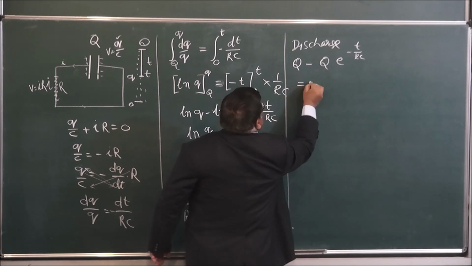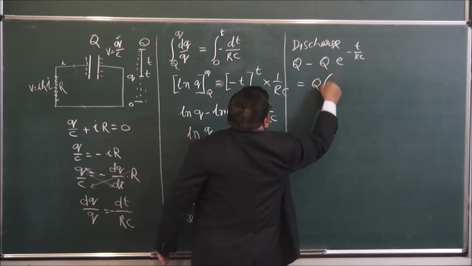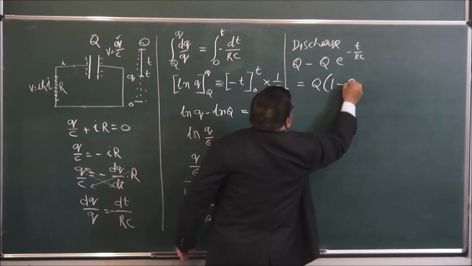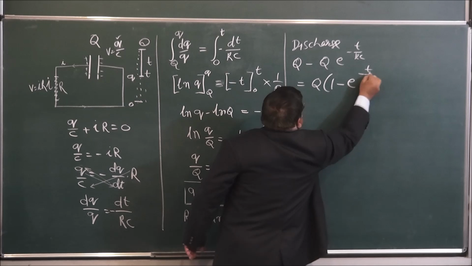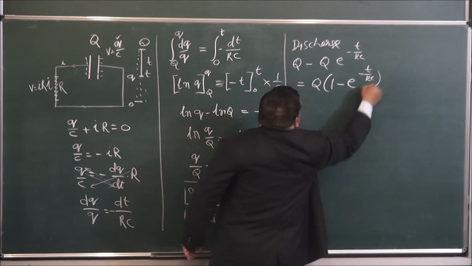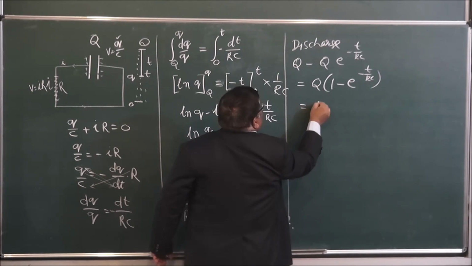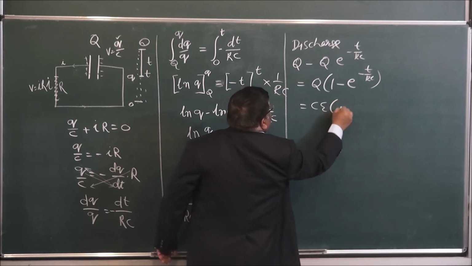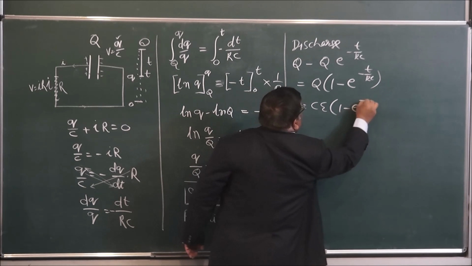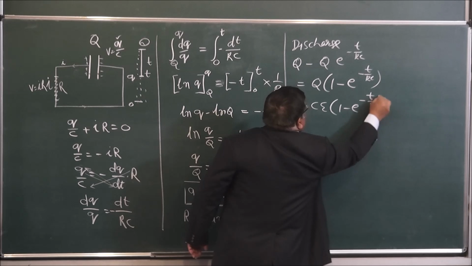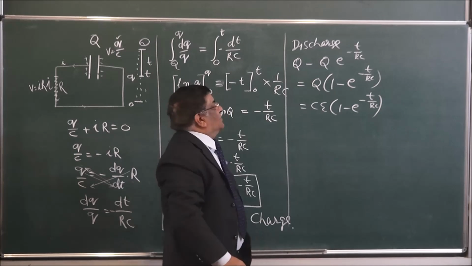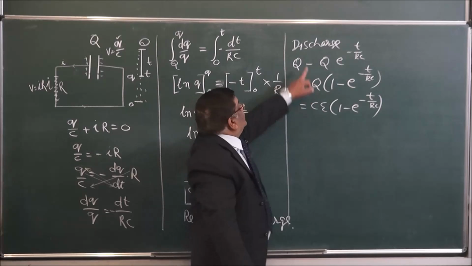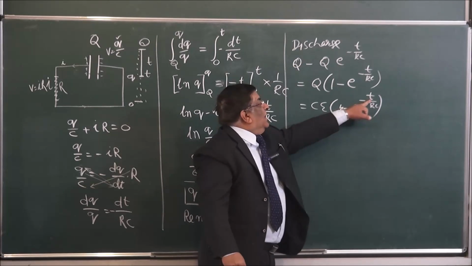And how much is it? Q0 into 1 minus e to the power minus t upon RC. This maximum charge was how much? C V0, 1 minus e to the power minus t upon RC, and this is a well-known equation to you. What does this show? Discharge after time t.